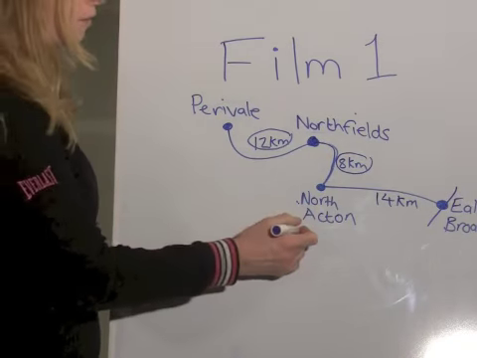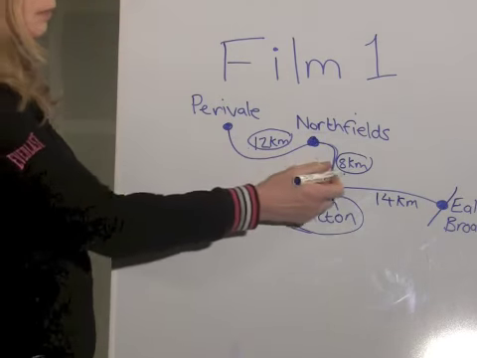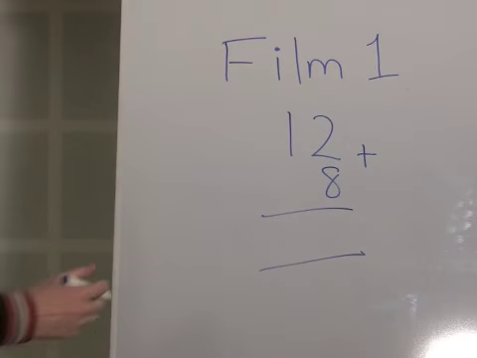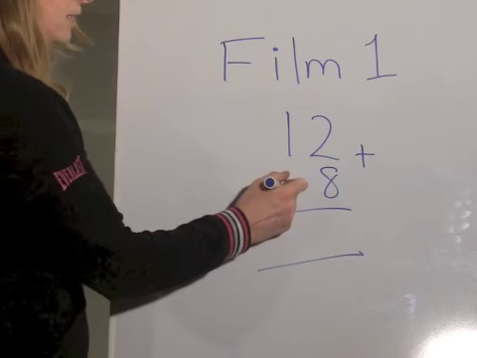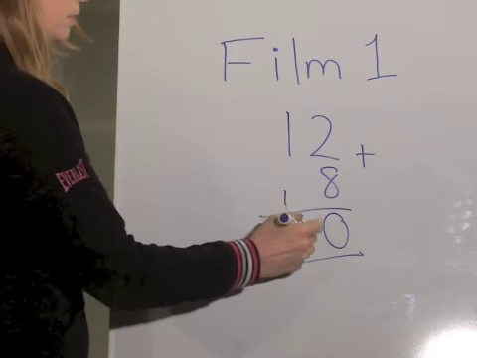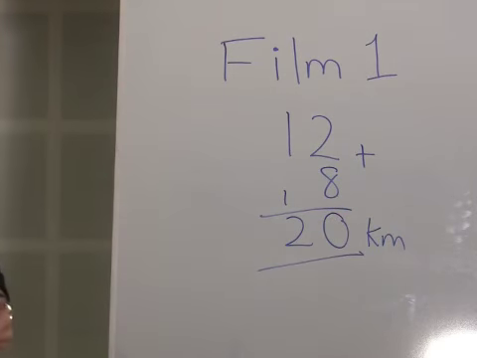They've asked me how far is it to North Acton. So I need this one, and this is a really easy thing. So 8 plus 2 is 10, and 1 and 1 is 2. 20 kilometres.